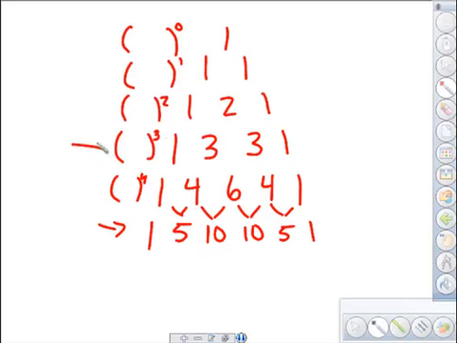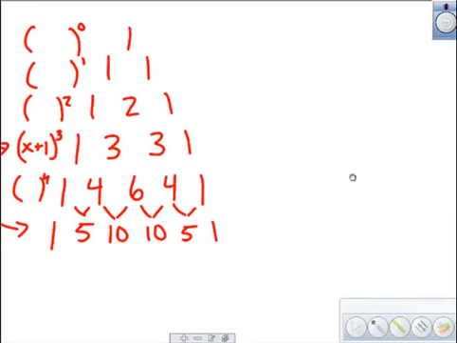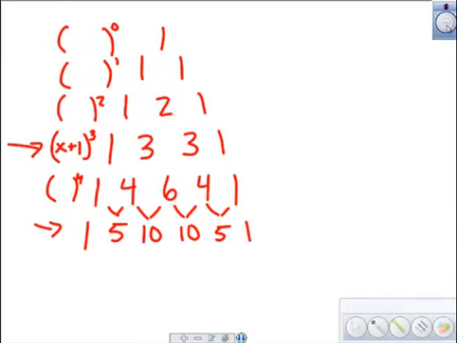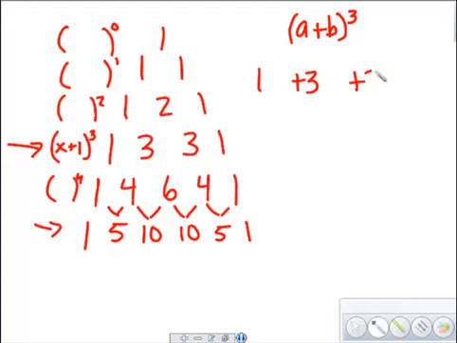So let's look at this one right here because we just had the binomial x plus 1 raised to the 3rd power. Now let me show you how this is going to pan out. Let me just move over a little bit. I'm going to first do it with just regular variables like a and b. So if we had a plus b raised to the third power, this is how you would do it. You would take this 1, this 3, and all these other guys, and you'd write 1 plus 3 plus 3 plus 1, and these would be the coefficients.